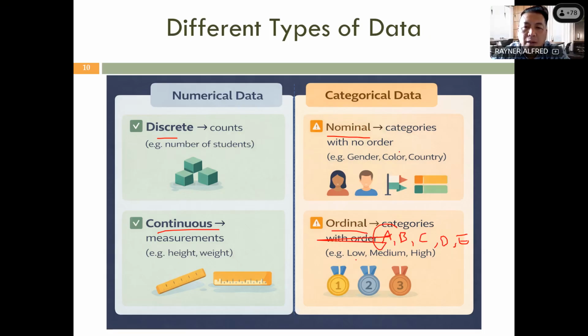For the nominal one, we don't have any particular order. So gender, we have male and female. The country, we have country, but there is no particular order. Okay. So these are the two main types of data that we have.